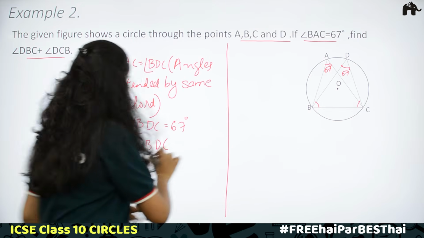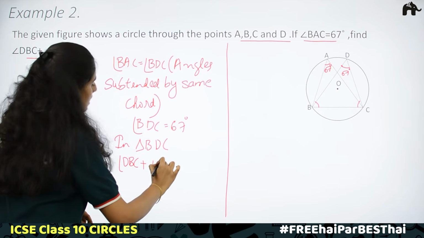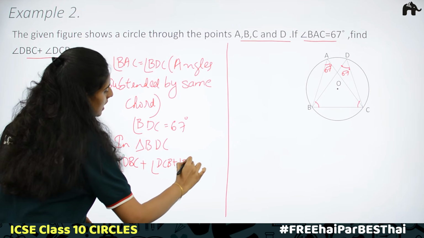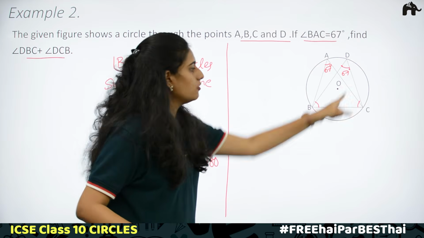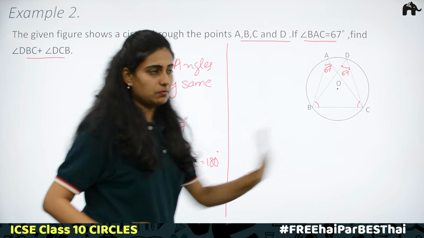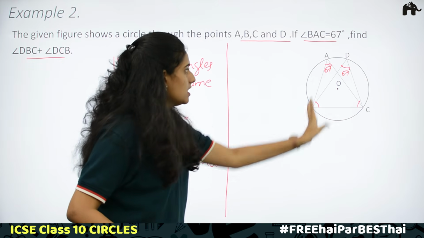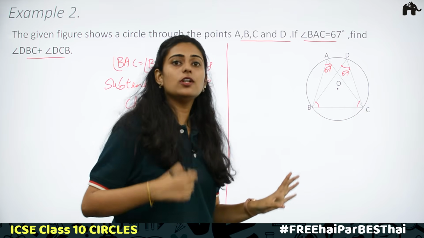Here, we have angle DBC plus angle DCB plus angle BDC equal to 180 degree. These three are the angles of the triangle BDC. Now, we have one value given which is BAC. BAC is equal to 67 degree, from which we obtain BDC is also equal to 67 degree.